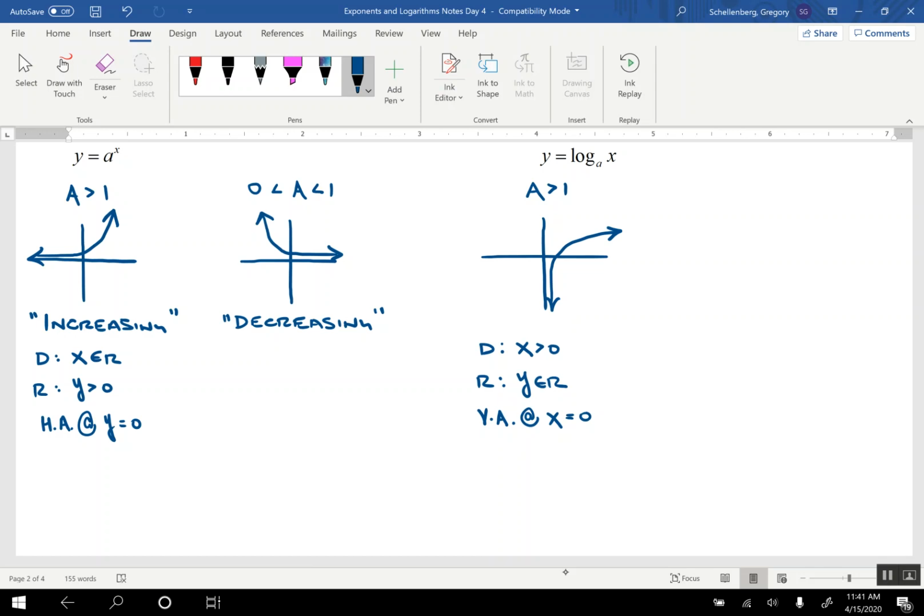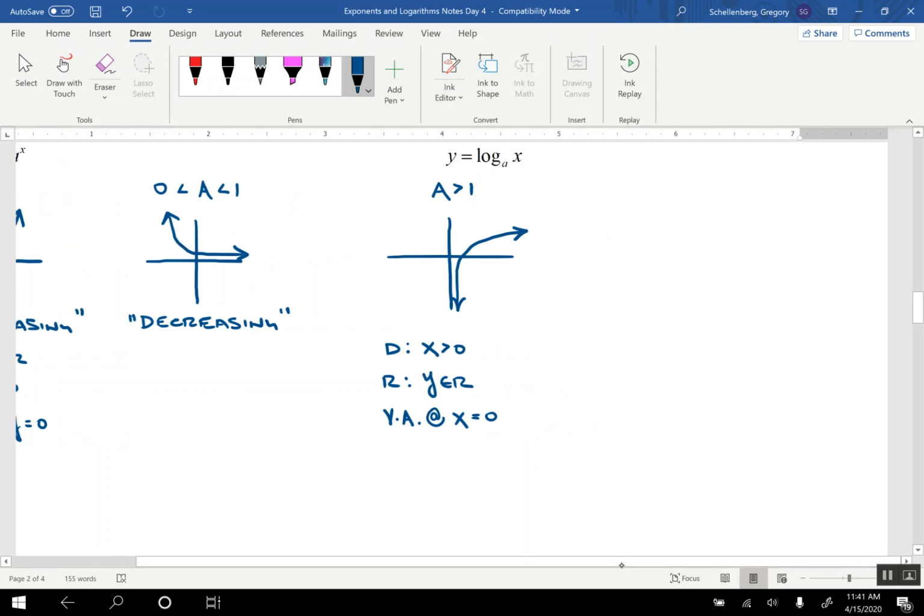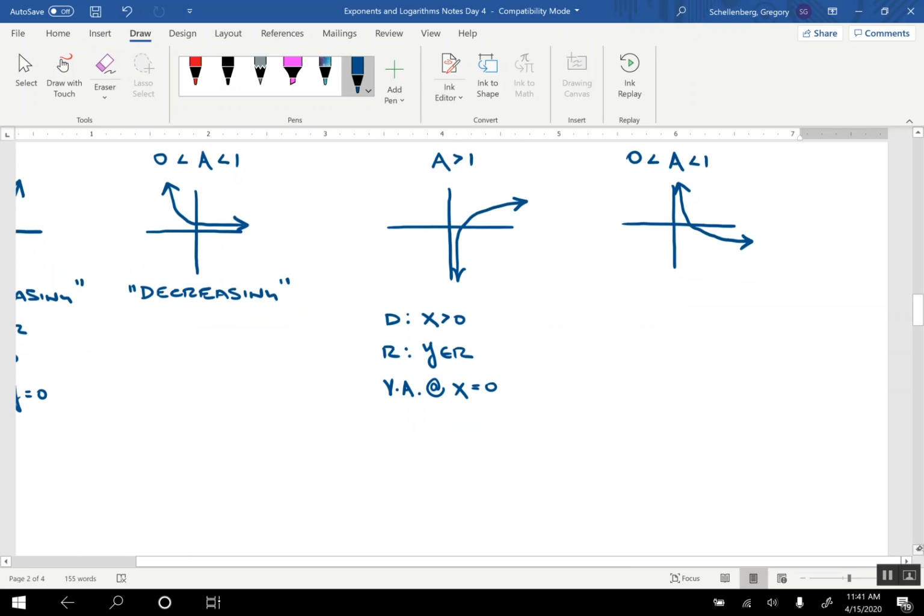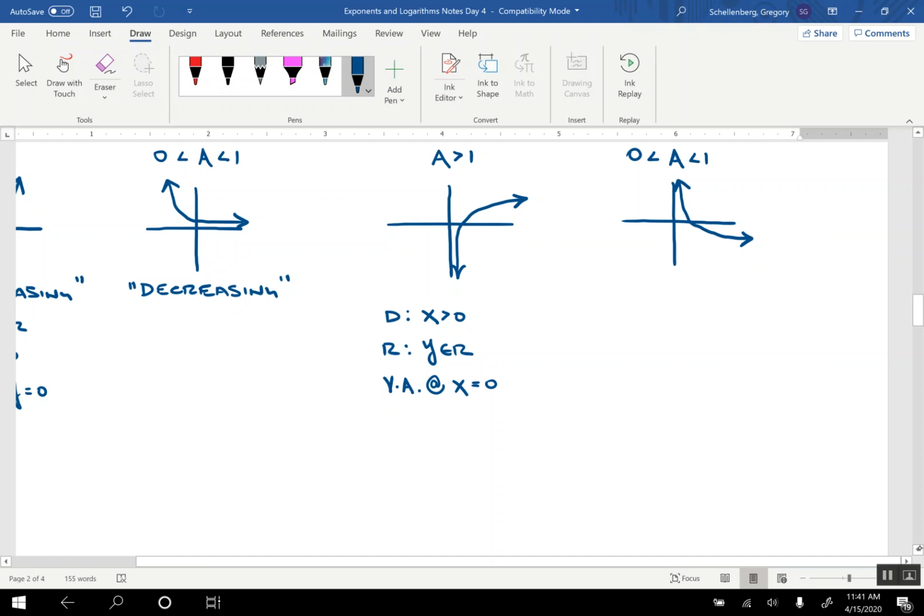And let's look at a logarithmic function with a base between 0 and 1. So a is less than 1, but greater than 0. We just looked at an example of this. It's going to look something like that. Vertical asymptote on the y-axis. Properties here stay the same.